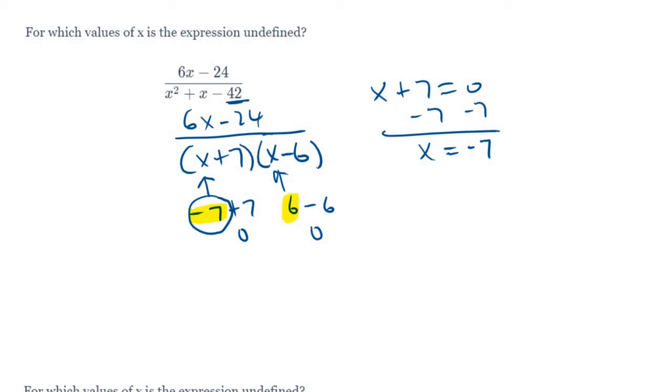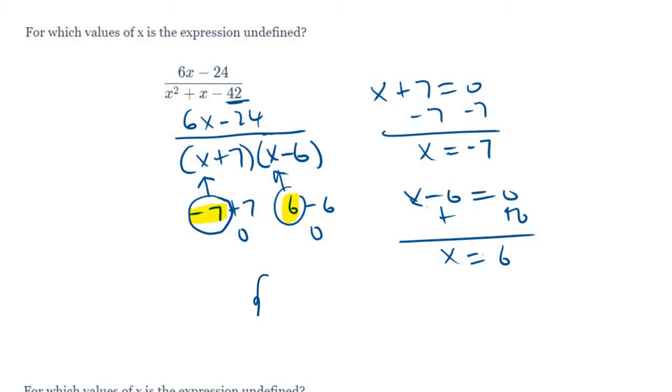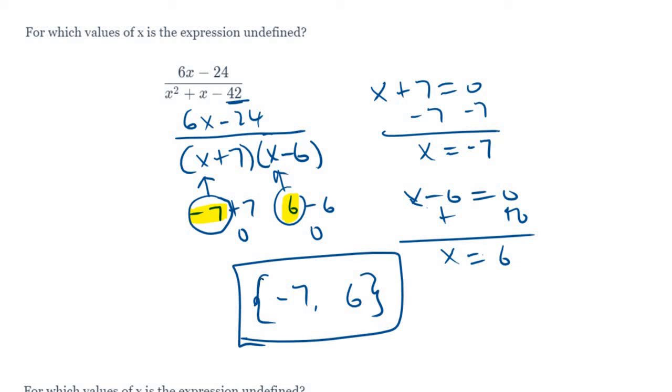The same thing here: if you do x minus 6 equals 0 and add 6 to both sides, x equals 6. That's how I got the 6 there. So the two values we're looking for are negative 7 and 6. This is how you type it onto the data mat: you have to use a curly bracket, or you have to set the two numbers in a set.